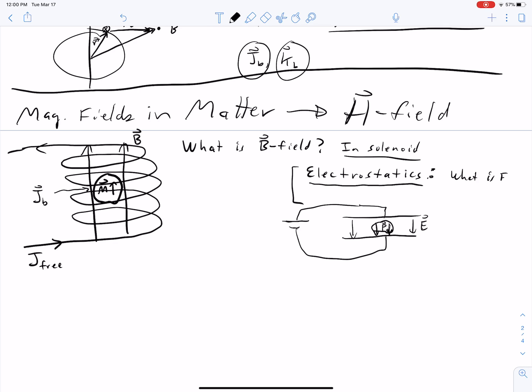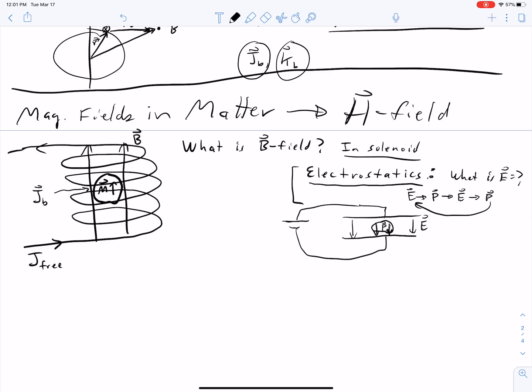What is the electric field in the capacitor? And that was really hard because the electric field changed the electric polarization, but then the electric polarization changed the electric field, which then changed the polarization, and it was like a weird self-consistent loop, so it was hard to solve.